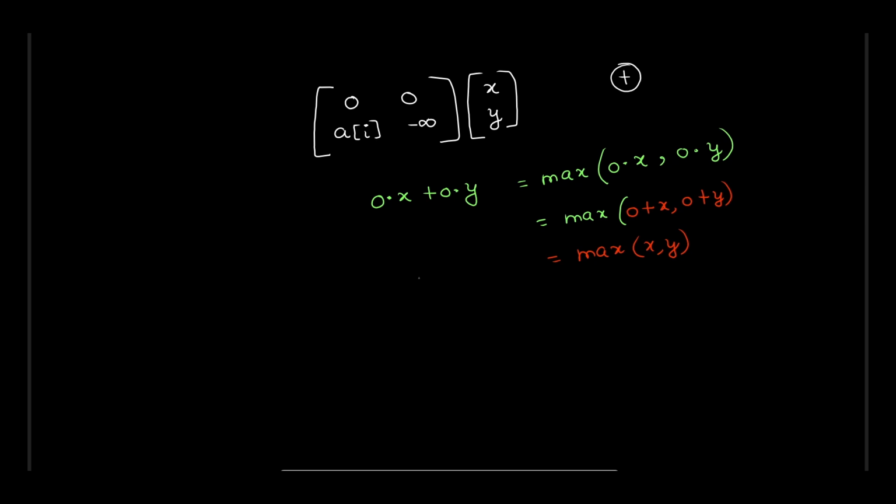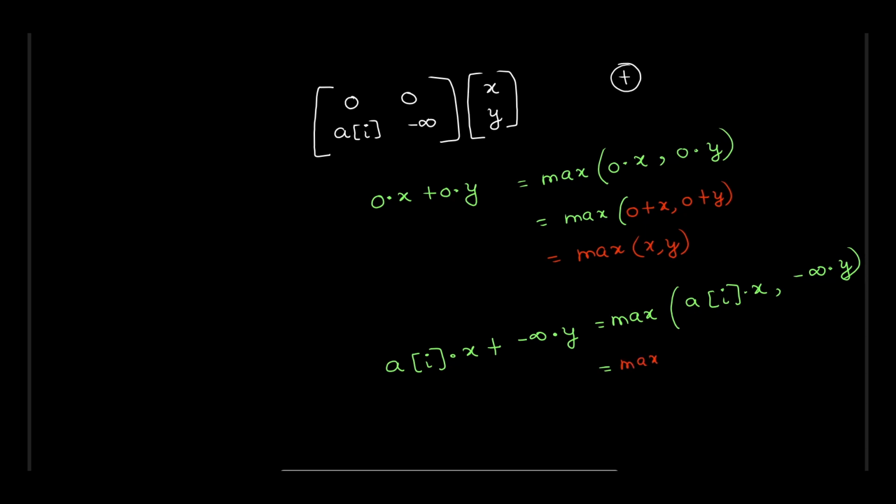And what about this case? So this would become AI dot X plus minus infinity dot Y. So in our world, plus is max, and then max of AI dot X comma minus infinity dot Y. And then in our world, dot is actually plus.